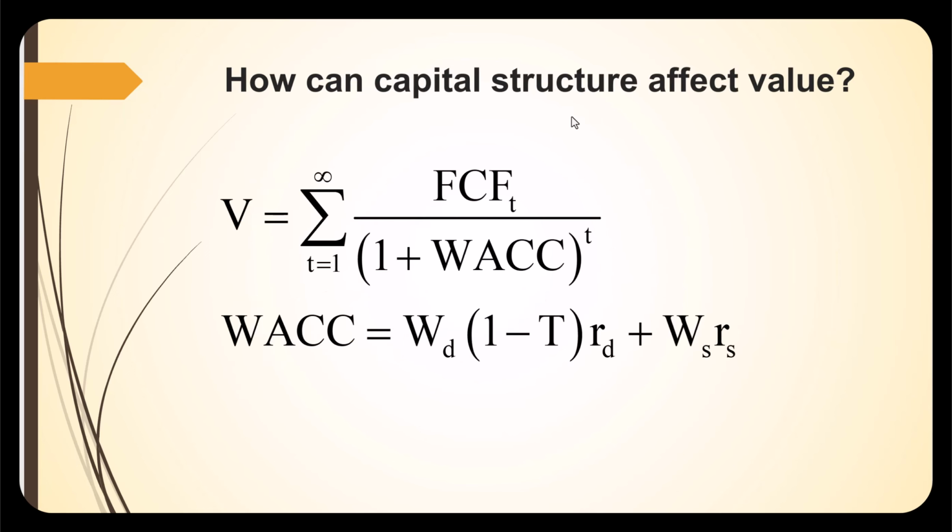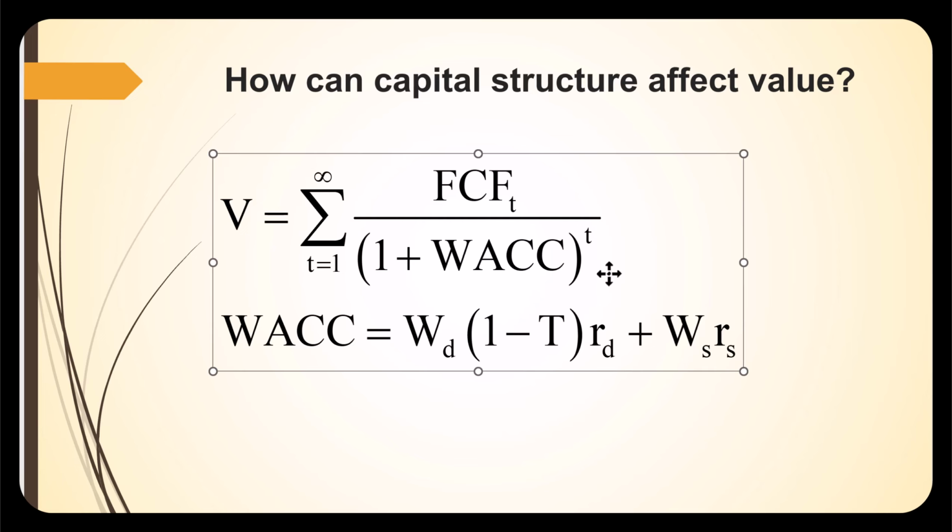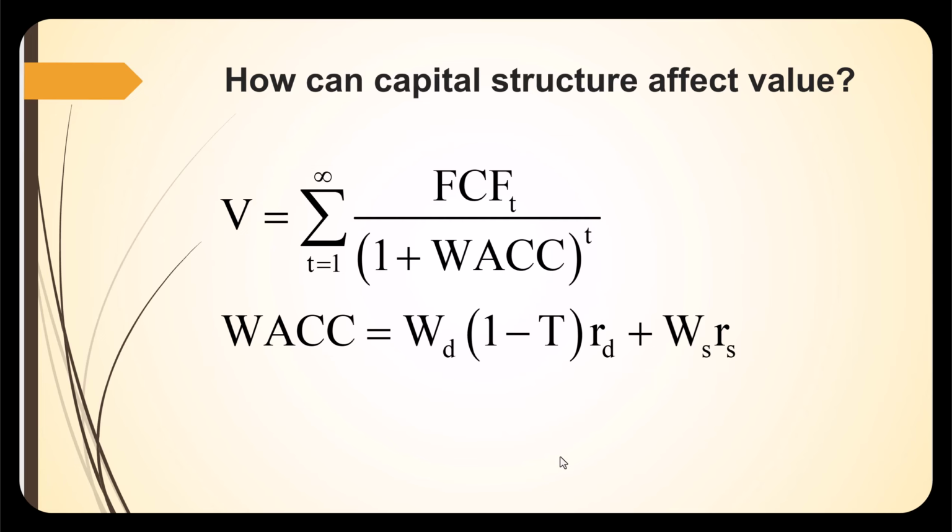So how can capital structure affect value? The value of the firm is the free cash flow divided by 1 plus the cost of financing. And here we see the cost of financing. Several things can affect value. If we wanted to increase value, one thing is we could increase free cash flow.